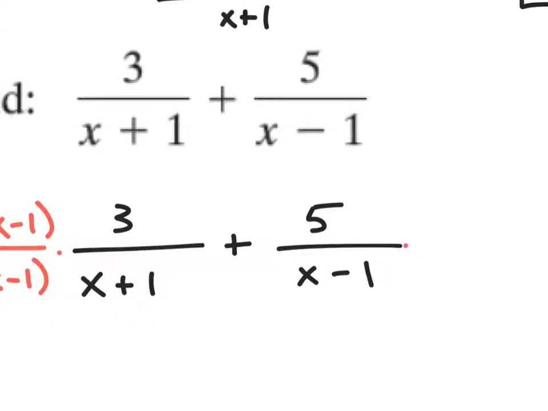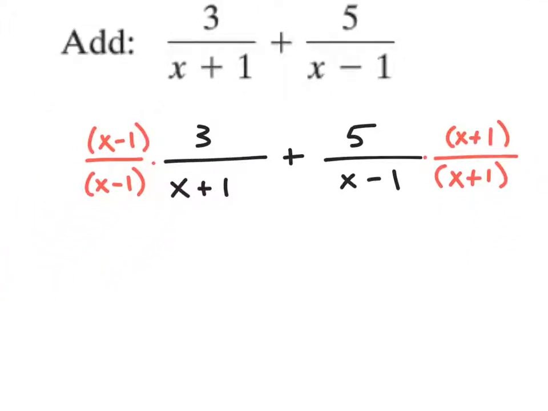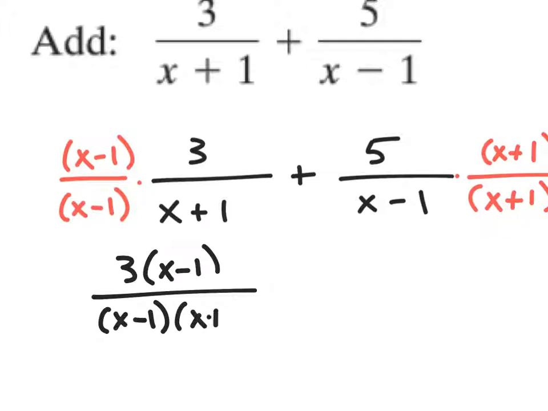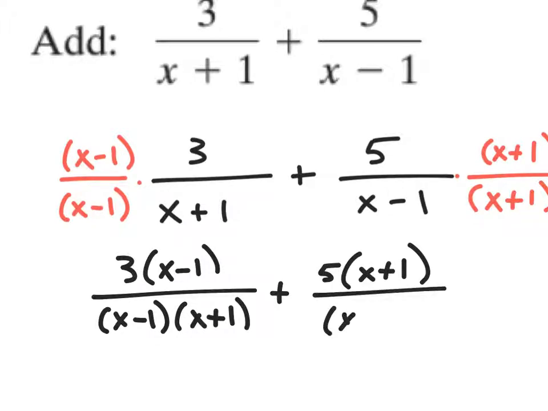So I've got x plus 1 over x plus 1. So now, let's think about what you have. What we have now is 3 times x minus 1 over x minus 1 times x plus 1, plus 5 times x plus 1 over x minus 1 times x plus 1.